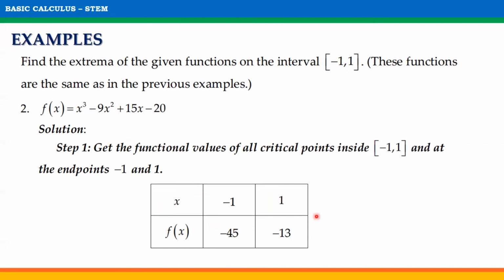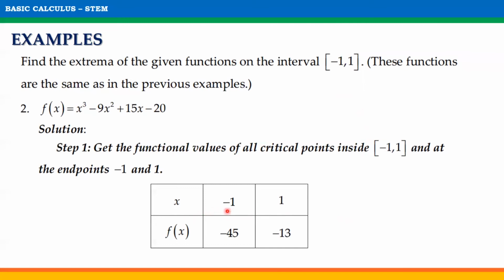However, we cannot include 5 in substituting to the variable x on the given function because 5 is already beyond the interval -1, 1. Note that we can only use the critical number if it is included in the given interval. Therefore, we will just be considering -1.